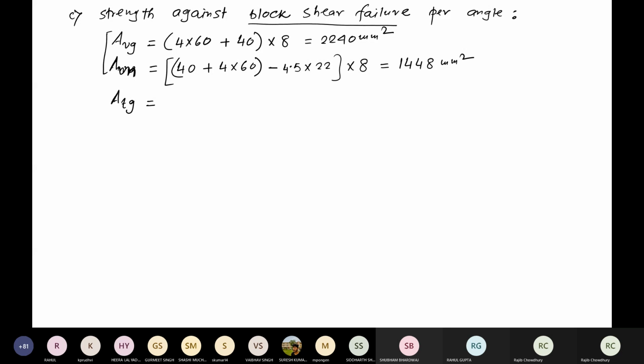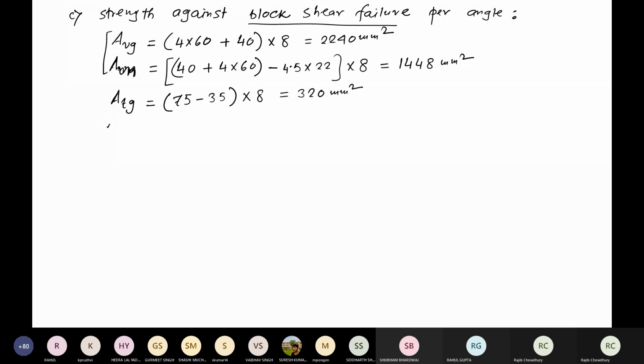Gross tensile length into thickness of angle. 40 into 8. Where is 40 coming from? 75 minus 35, multiplied by 8. So this becomes 320 mm square.